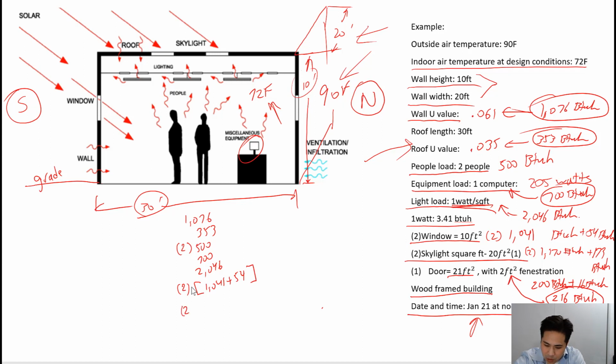The skylight there's 2, 1170 plus the 173. The door we have 1 at 216, and summing all this up we get 10,267 BTUs per hour. And if we want to convert this to tonnage, it's 12,000 BTUs per ton.